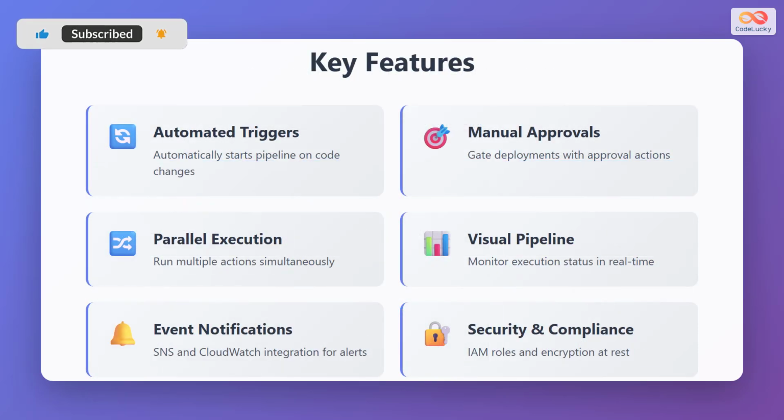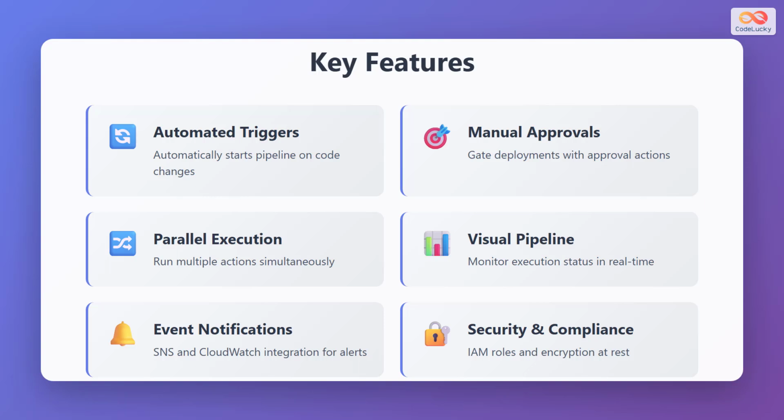CodePipeline offers several powerful features that enhance your CI/CD workflow. Automated triggers automatically start your pipeline whenever code changes are detected in your repository. Manual approvals allow you to gate critical deployments with human approval actions, ensuring oversight for production releases. Parallel execution enables you to run multiple actions simultaneously within a stage, reducing overall pipeline execution time.